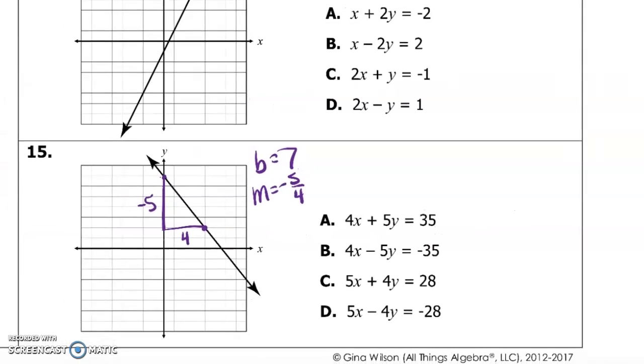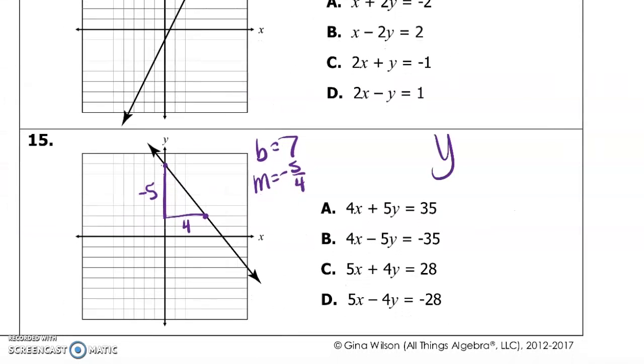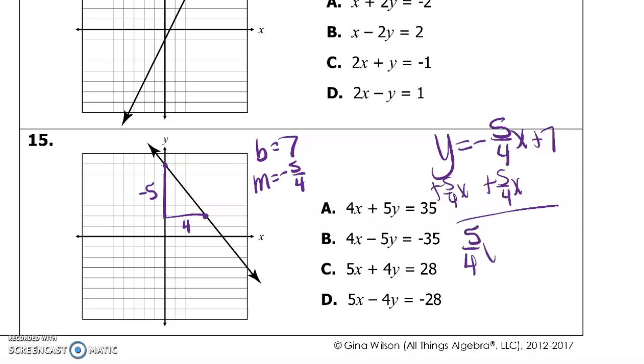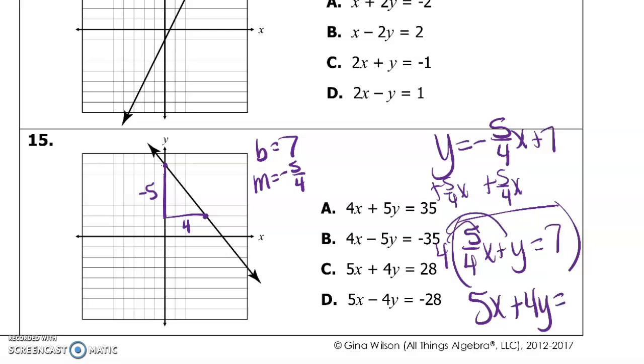So your equation in slope-intercept form is y equals negative 5/4 x plus 7. So I would add 5/4 x, 5/4 x plus y is equal to 7. You need to get rid of the fraction, so you would multiply by 4. So 5x plus 4y equals 28. So our answer would be C.